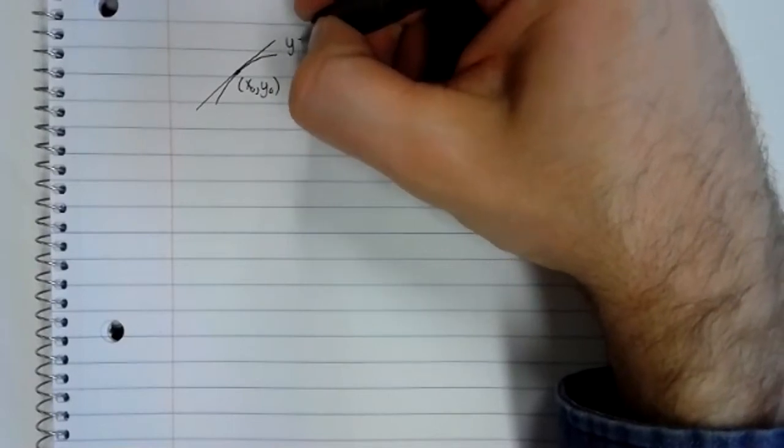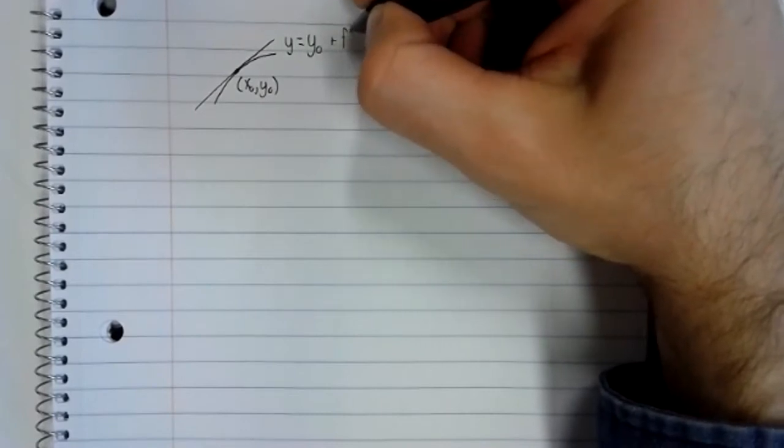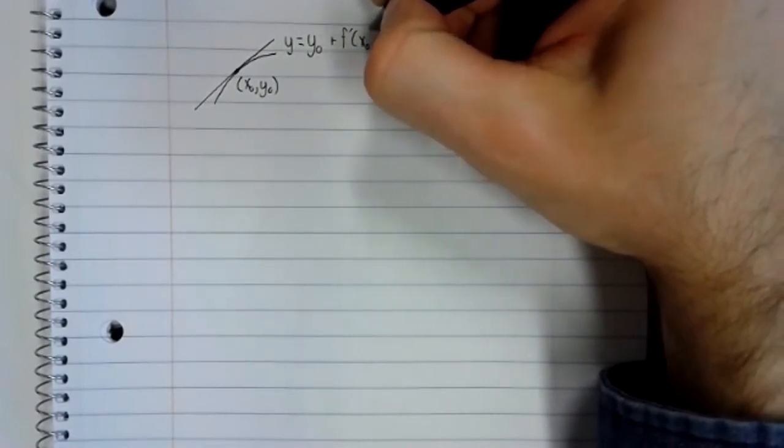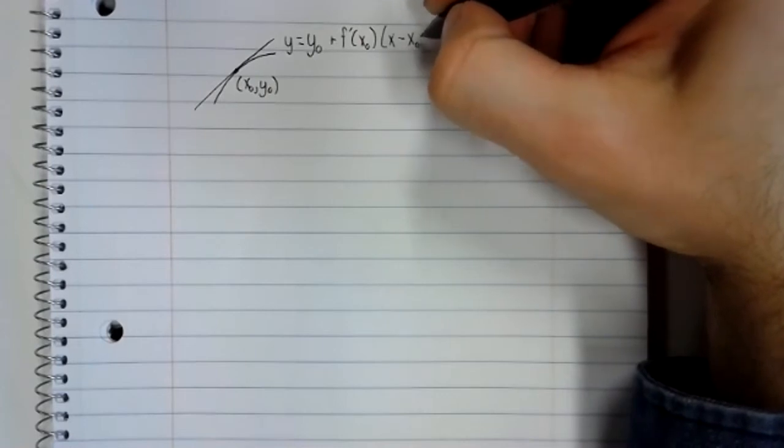Euler's method is itself based on the linearization, which we might remember from calculus. The linearization of a function near a point is simply the tangent line through the point. y equals y0 plus f prime of x0 times x minus x0.